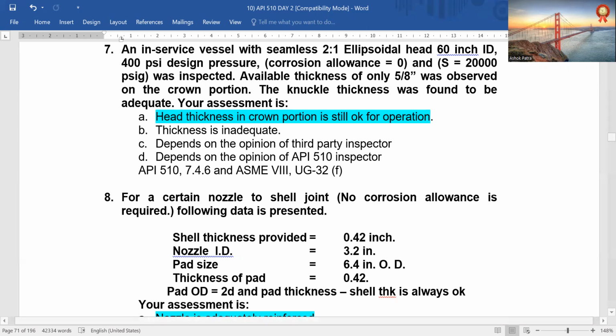UG32F. Let us see UG32F. A fiscal conical head. Nothing is there.